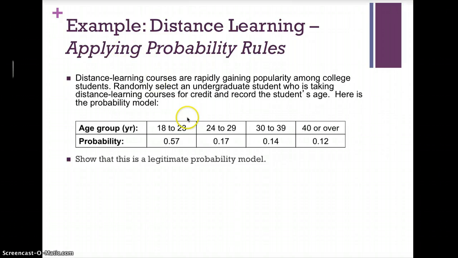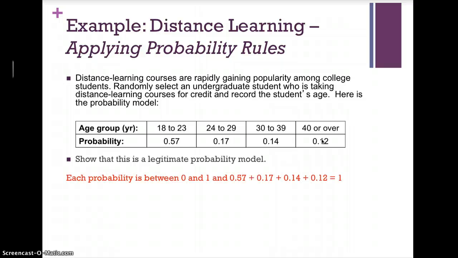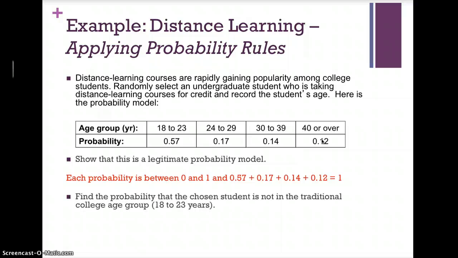So we have to know that all of these probabilities must total 1 for it to be a proper probability model, and they do, so it is good. Then find the probability that the chosen student is not in the traditional college age group, so 18 to 23 years.